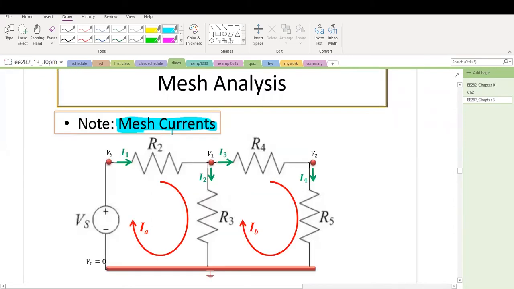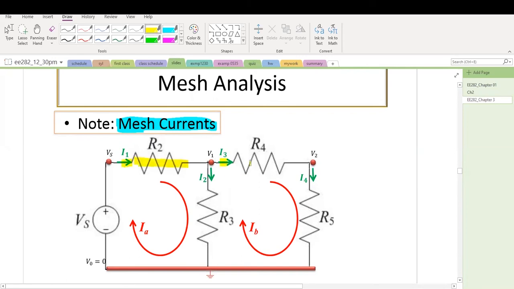Let's define mesh current. Mesh current is different than branch current. So these are the branch currents, I1, I2, I3, and I4. Those are the currents flowing through each branch. This is I1, flowing through this branch.